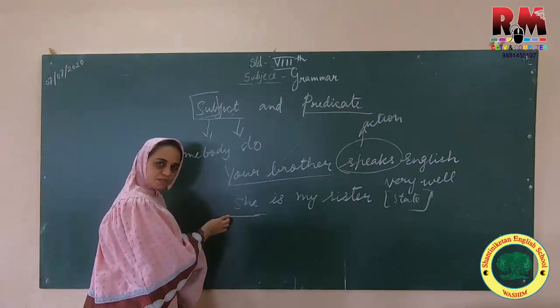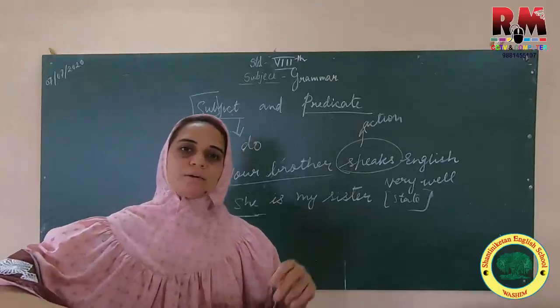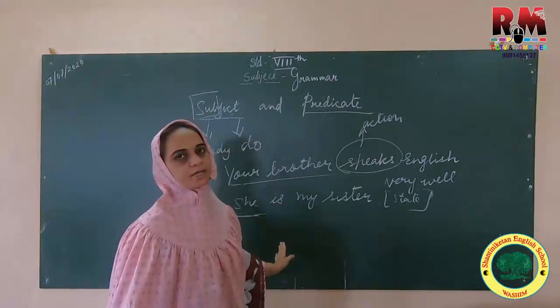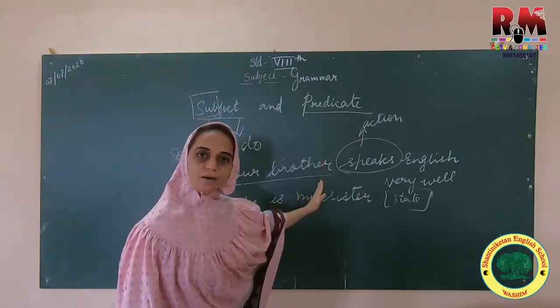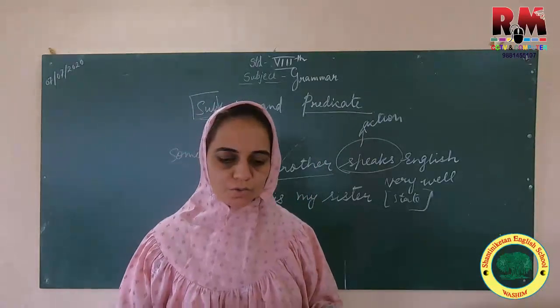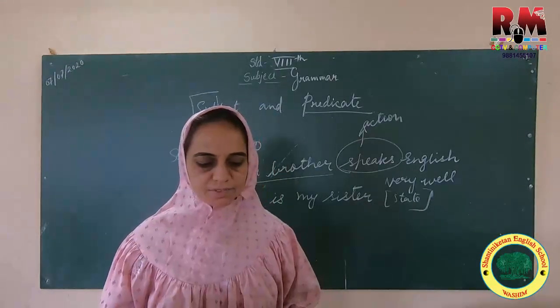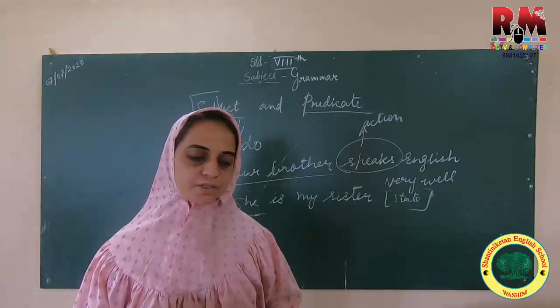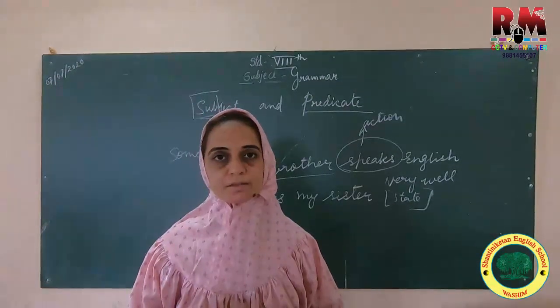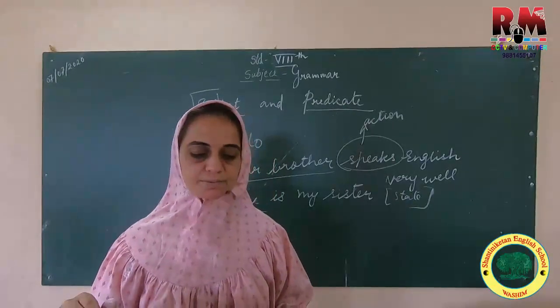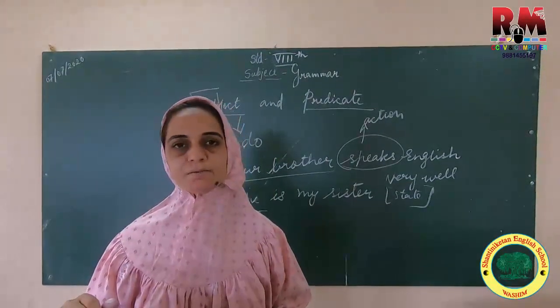Here the subject is she. And the subject cannot always be at the beginning of the sentence. Often it can be after the predicate. Sometimes the subject is used after the verb, especially in poems. See the example I have given: climbed up the filthy boy.